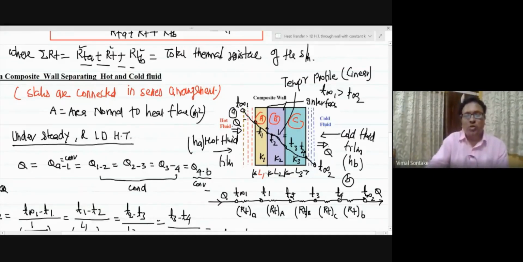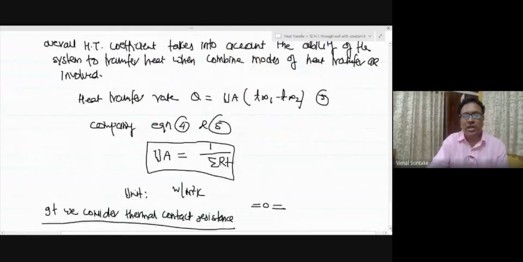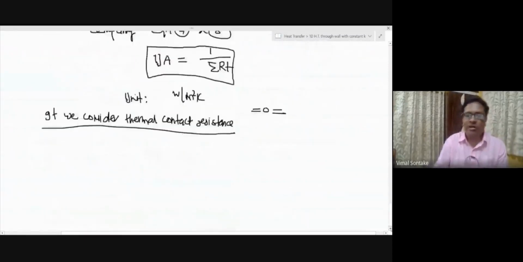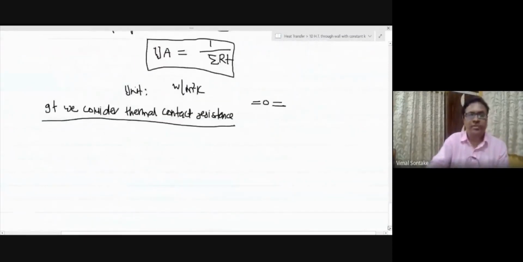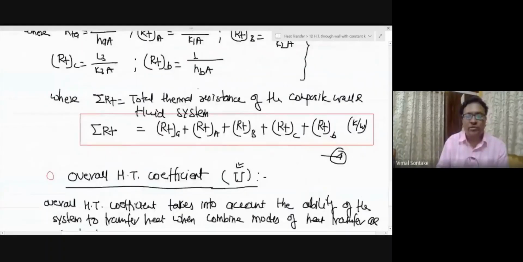So if we consider the effect of surface roughnesses and thermal contact resistances, in equation 4, 2 more thermal resistances we have to take into consideration, and the entire discussion will remain applicable.